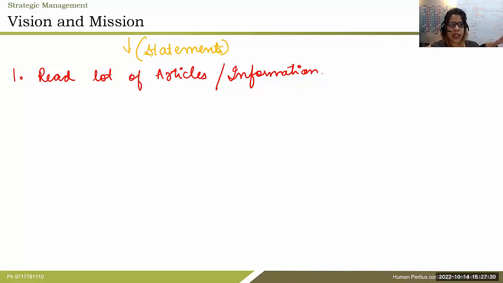Maybe they have read vision statements of many organizations, mission statements of many organizations, maybe they have read articles on vision and mission statements. So you have to read a lot first and have a lot of background information. And who is going to read all this is managers. You ask your managers to read.